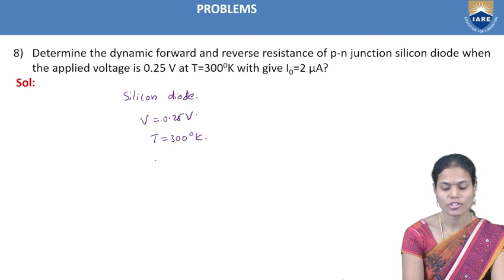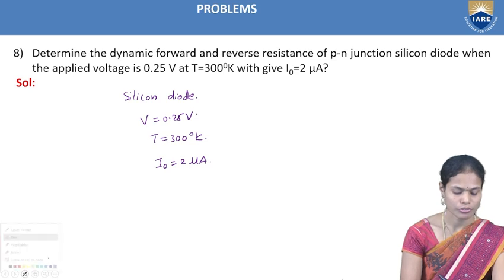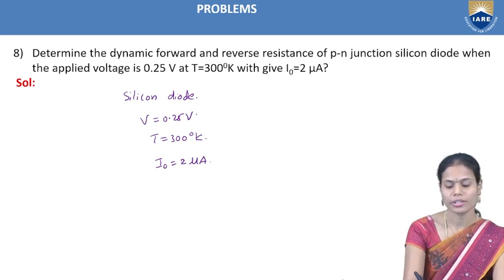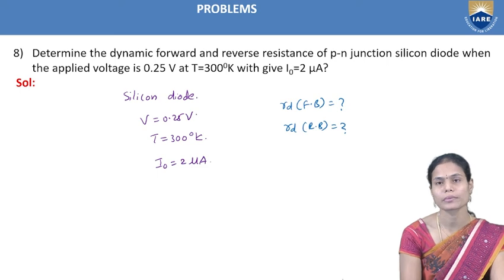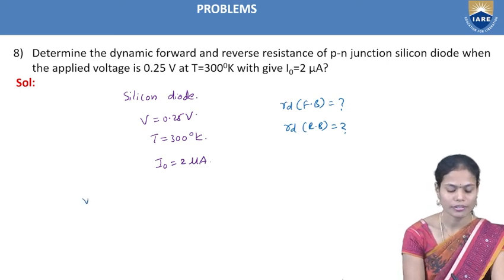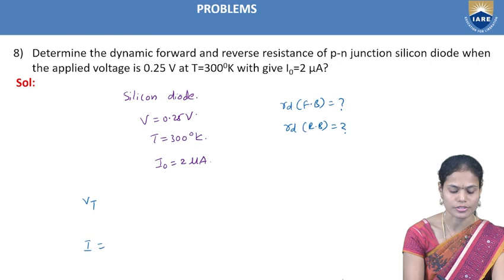And the reverse saturation current I naught is equal to 2 microamperes. So here we need to find the parameters RD in forward bias condition and RD in the reverse bias condition. As in the previous problem, we need to find Vt as well as I to calculate the dynamic resistance in the forward bias as well as in the reverse bias conditions.